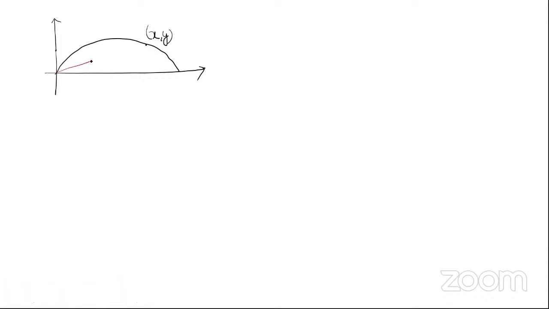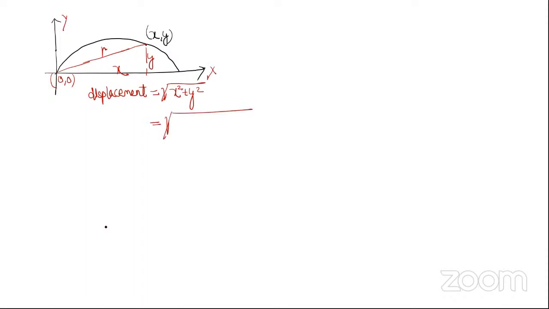This is the displacement, isn't it? So how do you find that displacement? Here is 0, 0, here is x, y. So displacement is the straight line, under root x square plus y square. This is like x, this is like y. So this displacement, or you can call it r, is under root x square plus y square.